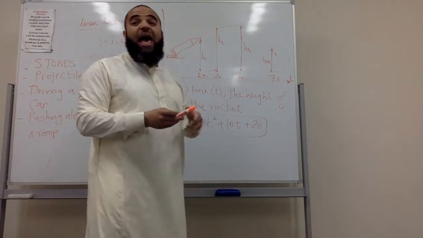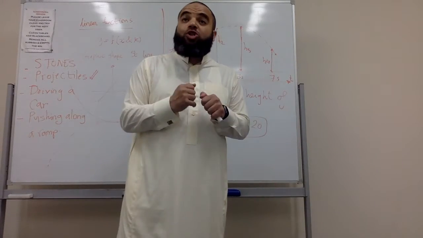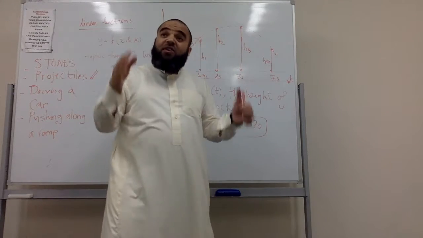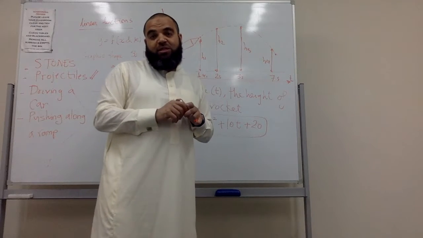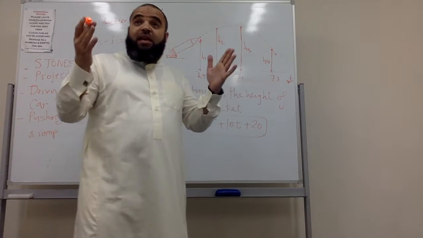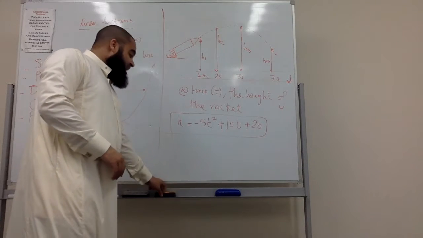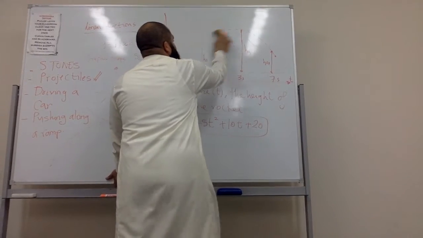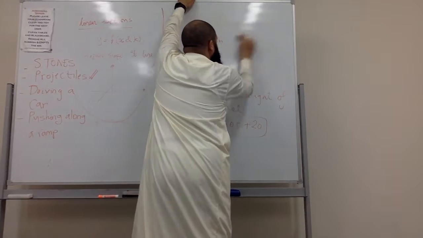So the rocket and any projectile, the bullets and any other projectile, changes according to this function. So this function in our lives has many applications. This is the quadratic function and this is the parabolic shape of the function. Let us now discuss how this function is written and how it is solved.